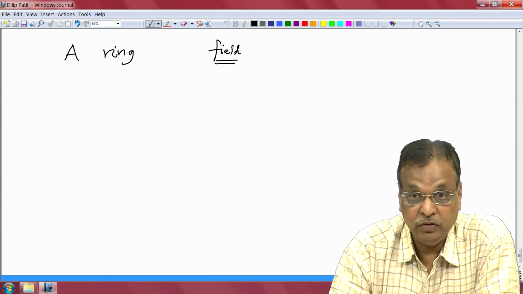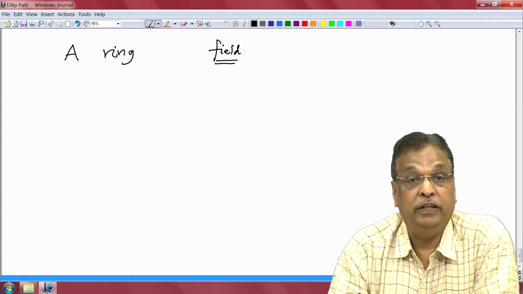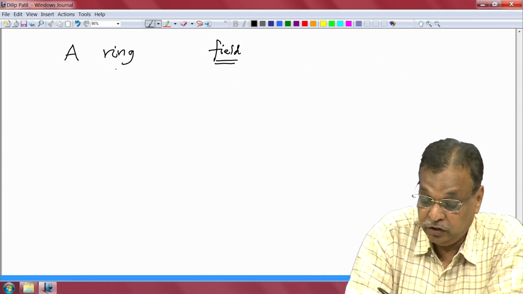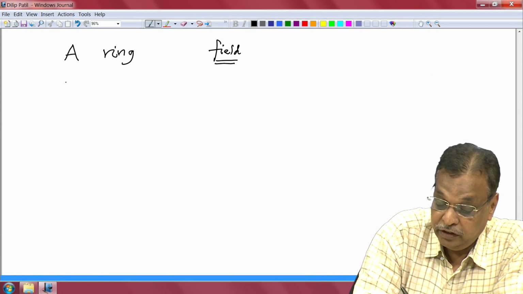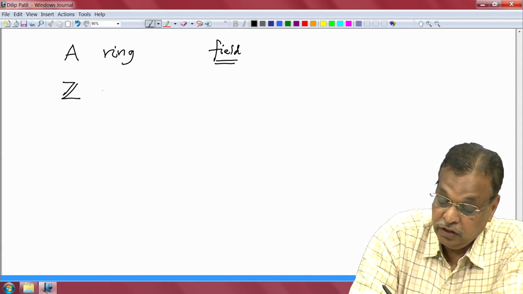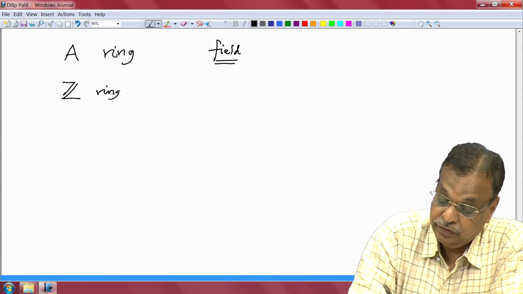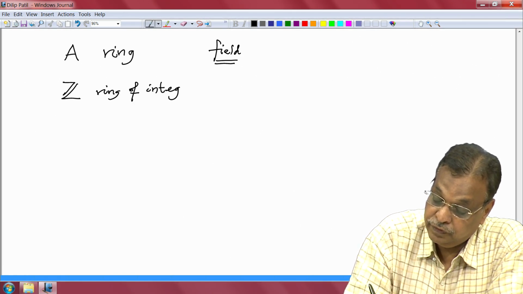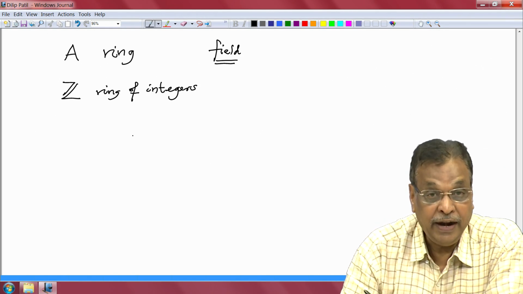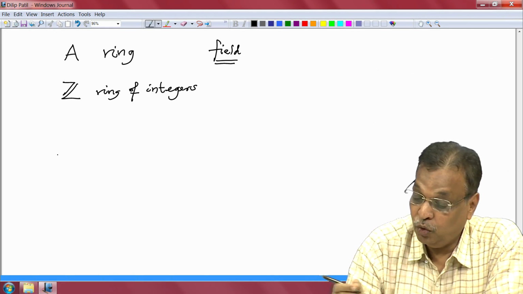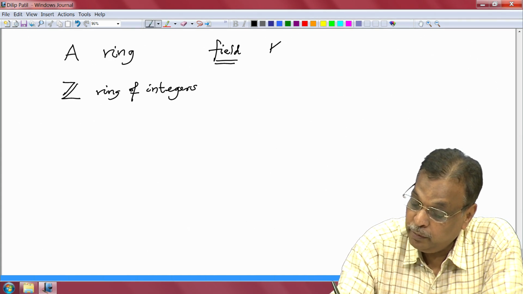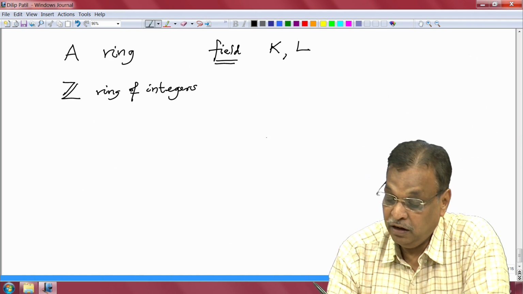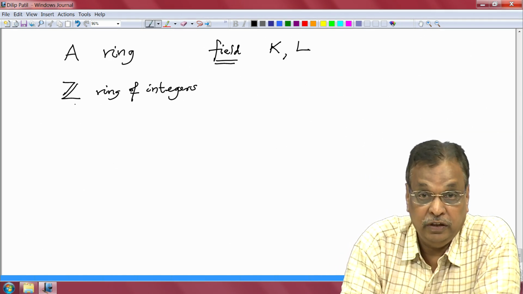It is a ring, of course, but every non-zero element has an inverse, which is not true in the case of a ring, because a typical example of a ring is Z, the ring of integers, and polynomial rings. Fields are usually denoted by K, L, etc. Rings are denoted by A, B, C, R, etc. So, this is the first example of a ring.